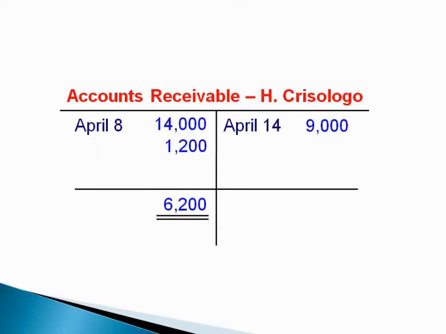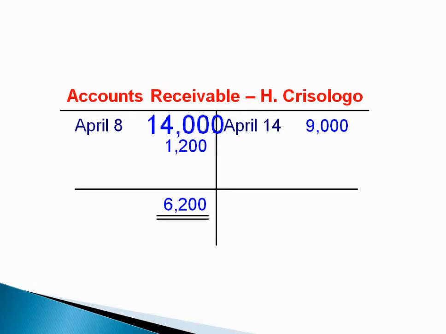So again, using this accounts receivable ledger or T account, the basis of the 2% cash discount must be the final payment of Harriet of 6,200 plus her partial payment of 9,000 minus the accounts receivable for the freight of 1,200 equals 14,000, or simply this 14,000 invoice price, because the accounts receivable arising from the prepayment of the freight amounting to 1,200 is not subject to discount, even if paid by Harriet in full within the discount period.